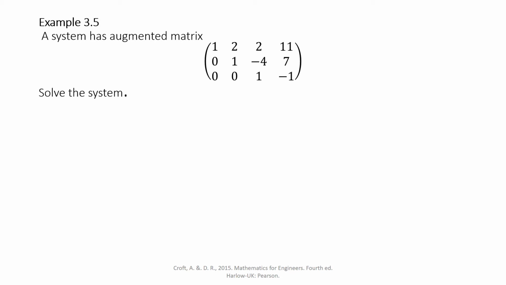So the same situation is here. Look at row 3rd: x is 0, y is 0 and z is 1. So z equals minus 1. Well, now we plug this value in it. This is y minus 4 into z.